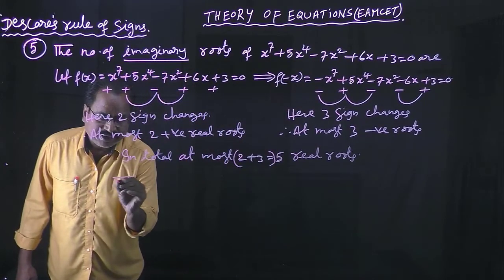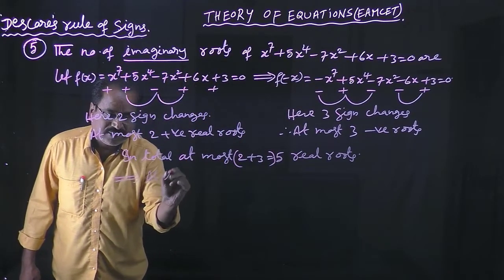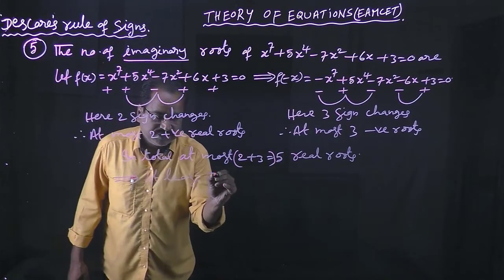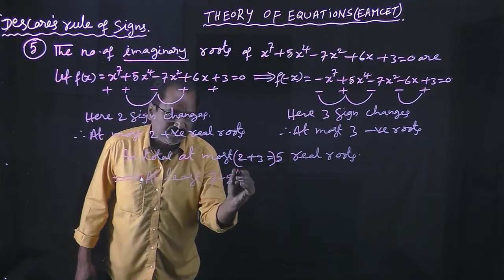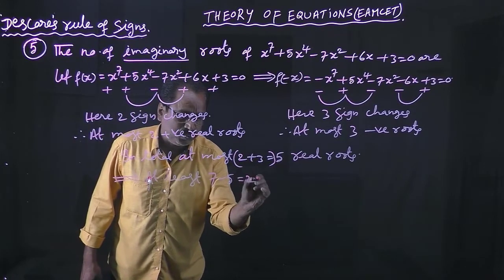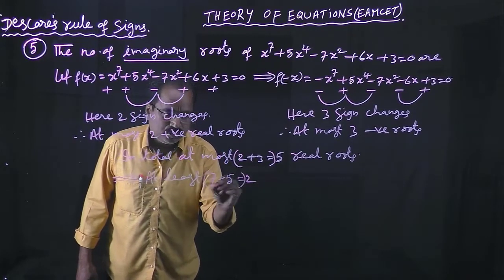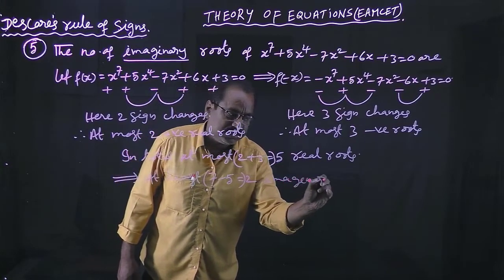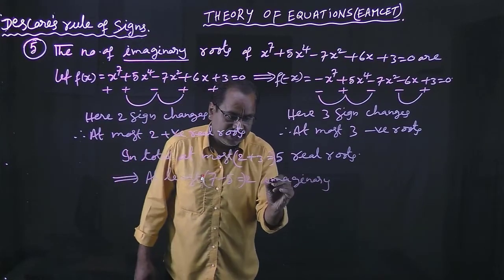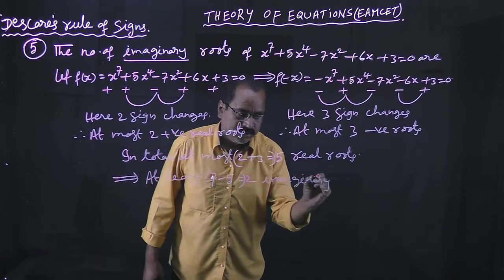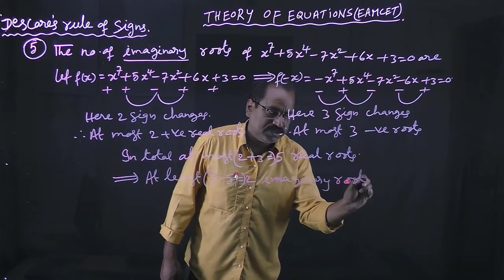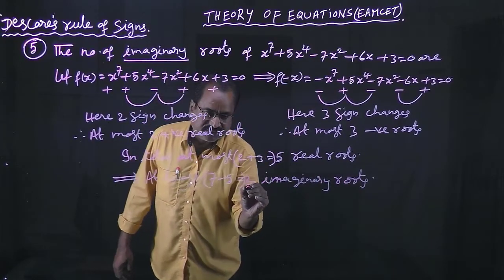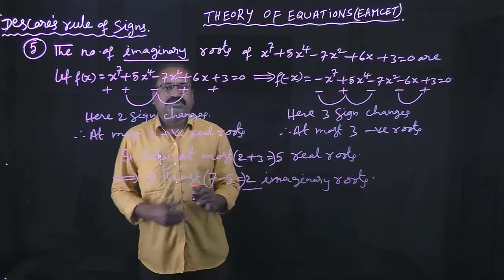This implies at least 7 minus 5, that is equal to 2 imaginary roots. So, finally, the answer is 2 imaginary roots.